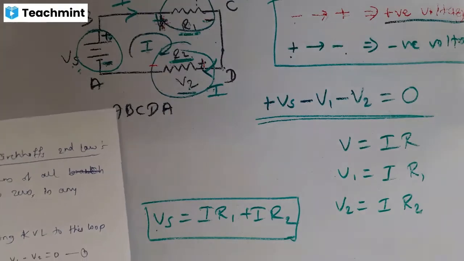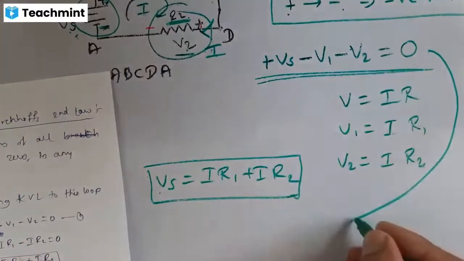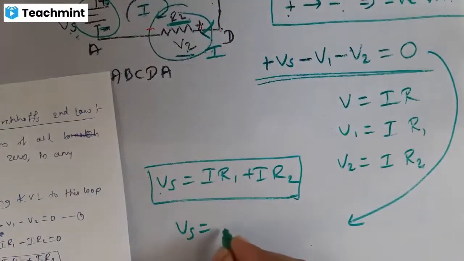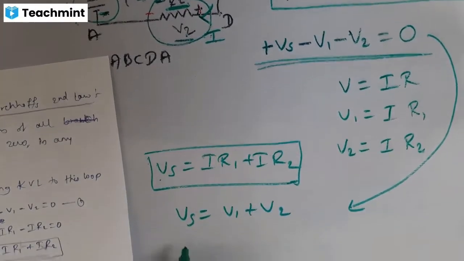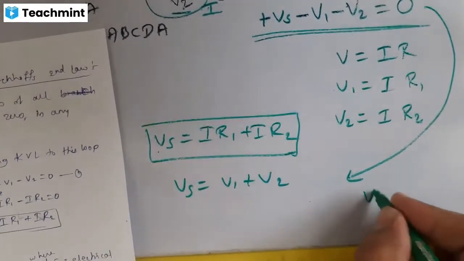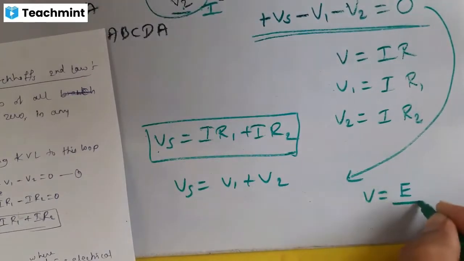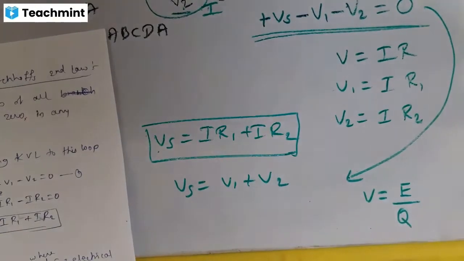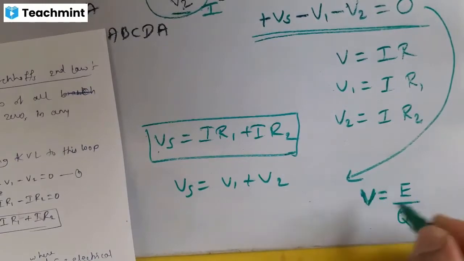Okay. Another thing, from this equation you can write Vs equals V1 plus V2, isn't it? You already know that voltage equals electrical energy divided by charge. You must know this equation. If you don't know, just remember this one.